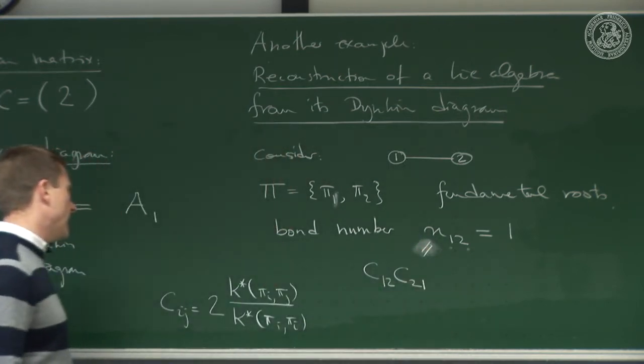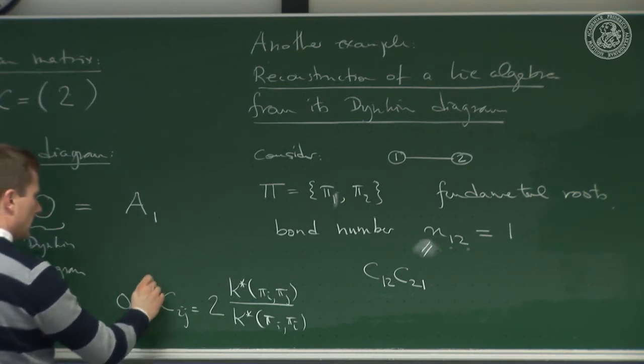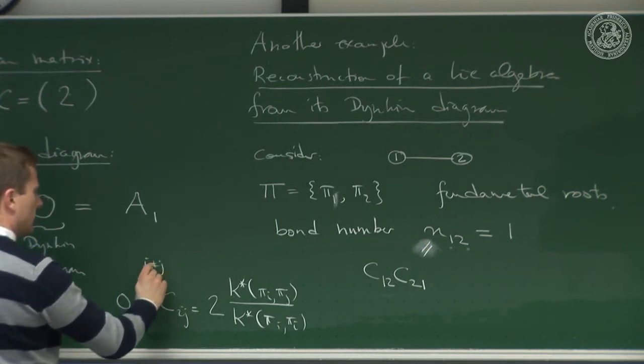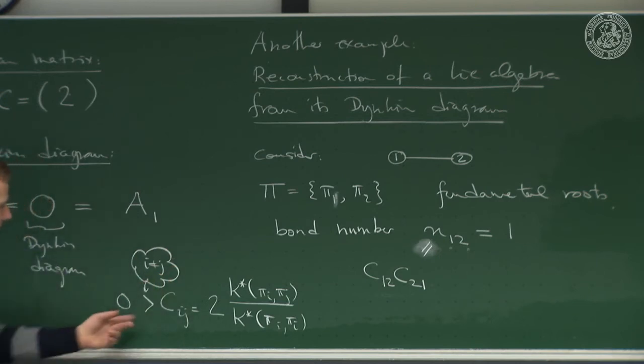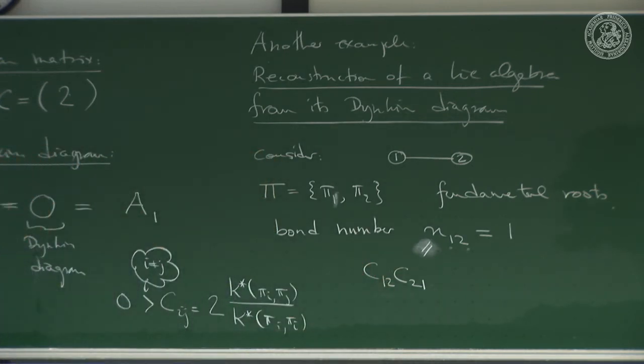Well, we further found that these are less than 0 for i not equal to j. So the off-diagonal elements of the Cartan matrix are negative. That will play a role in a second.